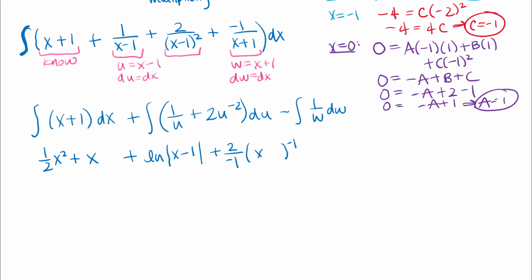My u was x minus 1. And then the last part will be a natural log of the absolute value of w. w was x plus 1, and a big old plus c at the end. I might want to clean up just this middle part, so I can rewrite this in a slightly nicer form. Other than that, I probably wouldn't do too much else with this.